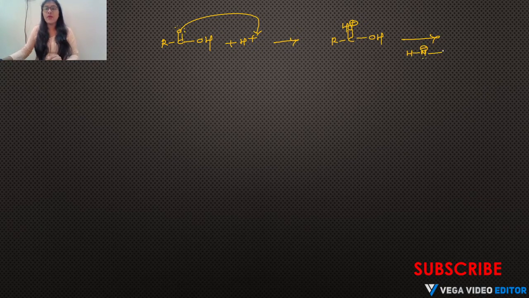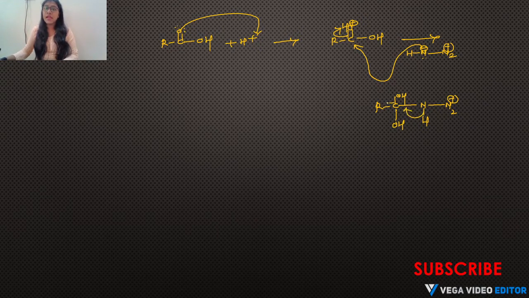This is the formula of hydrazoic acid. The negative charge of hydrazoic acid attacks the carbonyl carbon of the acid and we get R, C, OH, OH, N, H, N2 plus.